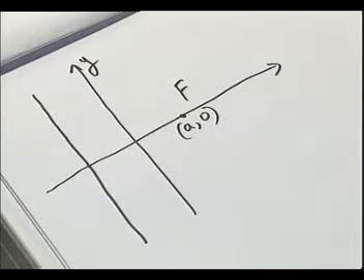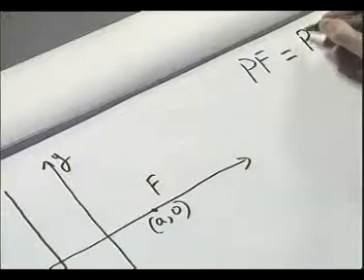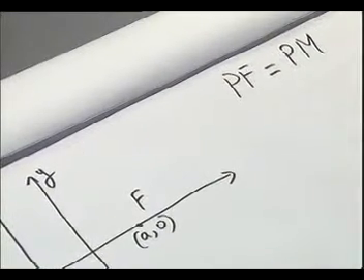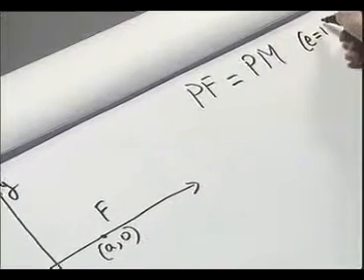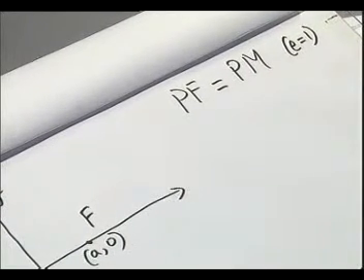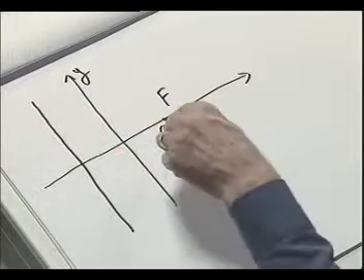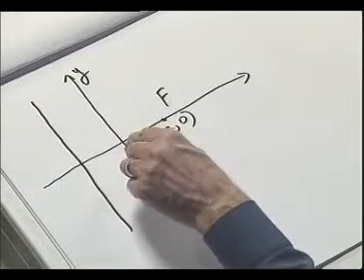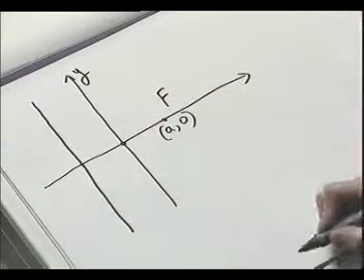Now remember that for our parabola, PF is equal to PM because E, the eccentricity, was equal to 1. So the distance of our point P has to be the same from this line as it is from this point. And of course there's an obvious point, namely the origin, that perhaps we'd like to be on this curve.